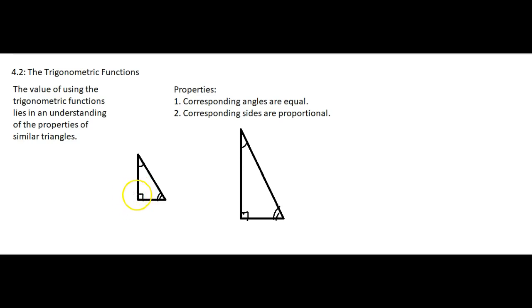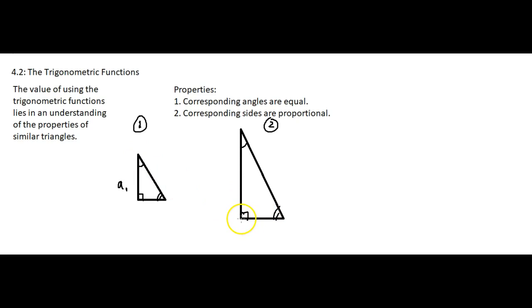So how do we determine corresponding sides? Well, corresponding sides from one triangle to another will lie between the same two equal angles. So for example, this side here, let's call it A1, because it's in the smaller triangle, triangle number 1. And triangle number 2. So A1 lies between the 90 and this smaller angle.